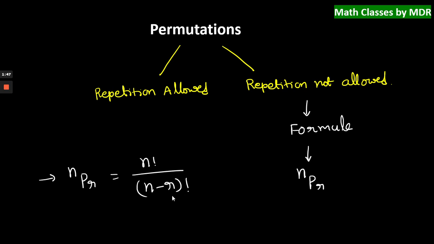We have discussed how to get n factorial value and how to get n minus r factorial value in the last two videos, right? So when you are trying to arrange r objects out of n things, we can use this formula directly when the repetition is not allowed, that means for r distinct things from n things.